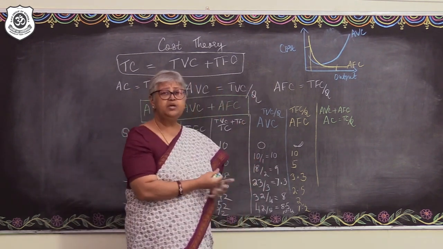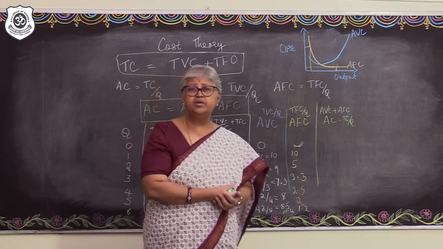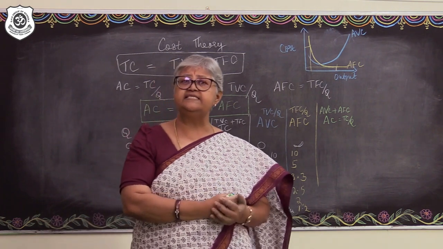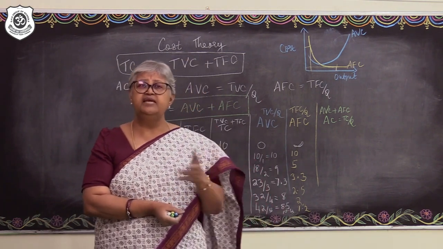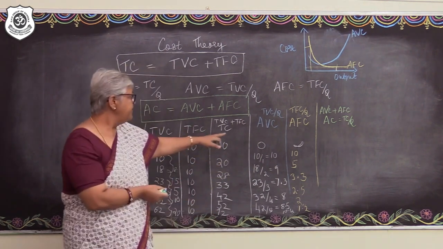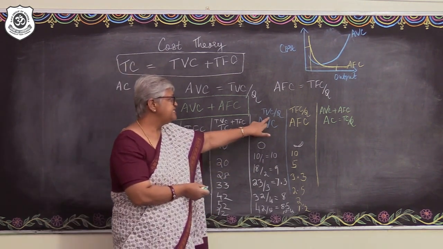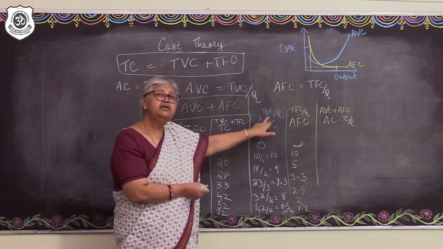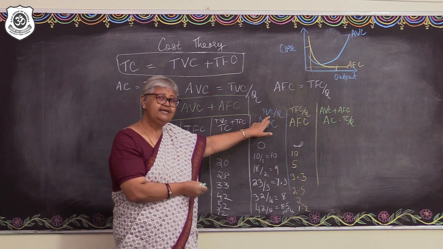What about the average variable cost? The average variable cost initially will fall and then it will increase. Why is that so? AVC is nothing but TVC divided by Q, right? And TVC, you know that initially it will increase at a decreasing rate.